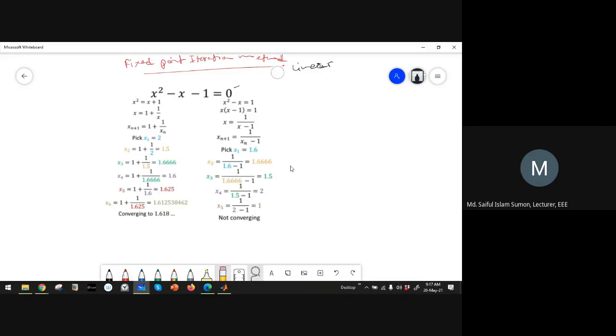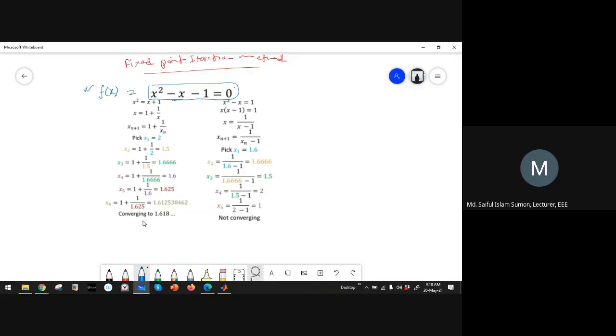So this is the nonlinear equation that I want to solve. Suppose this is f(x). f(x) is equal to x square minus x minus 1.